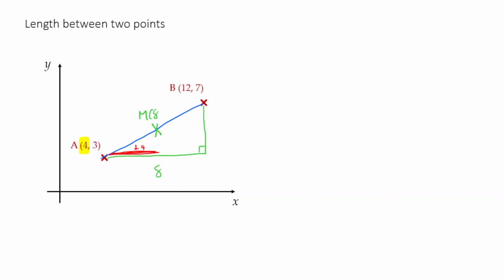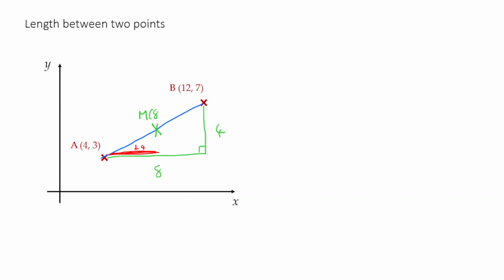We could do the same thing with the other side, couldn't we? Let's consider this side length here. How long is that side? Well, to find that out, we can do this y value minus that y value. So 7 minus 3 is 4. So that length there is 4. So how are we going to get to the midpoint value of y?